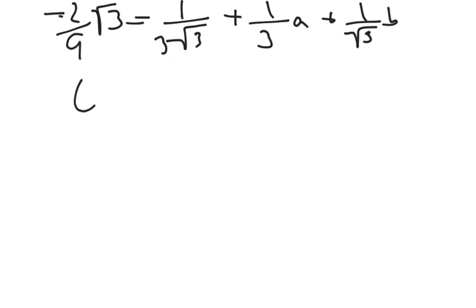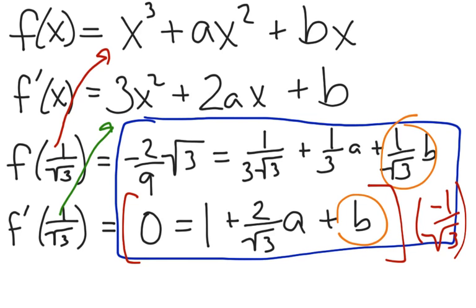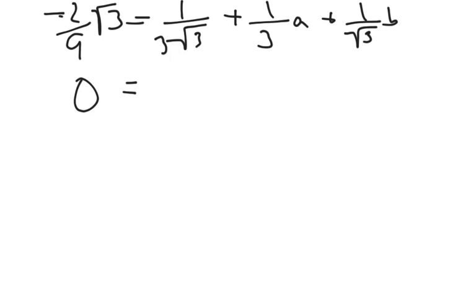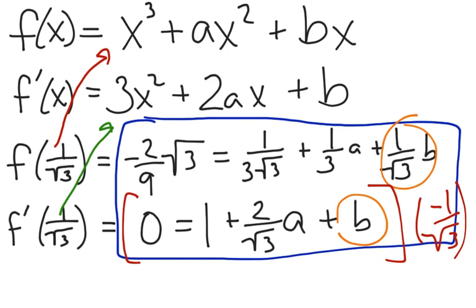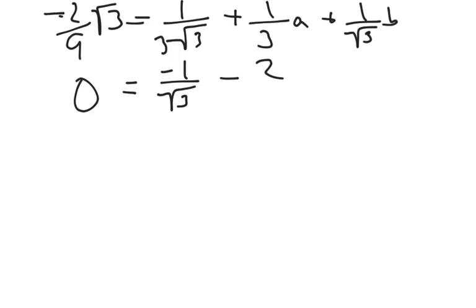And then the second equation, when I multiply both sides by negative 1 over root 3, I still get 0 here. And then I'm going to end up with a negative 1 over root 3 here. And then the middle term, it's going to be negative 2/3 a, and then minus 1 over the square root of 3 times b here.